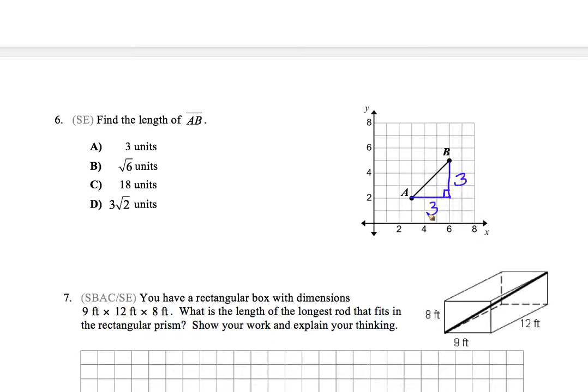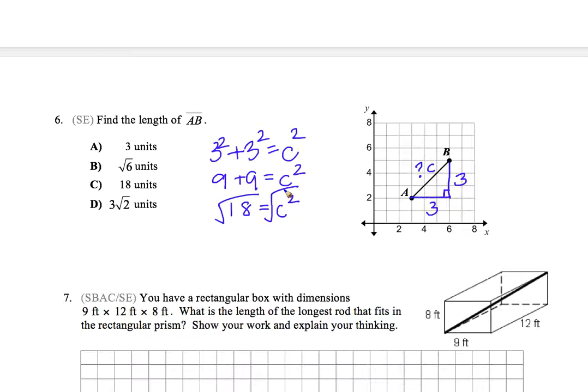My side length here is 3 and my side length here is 3, and I need to know what the distance is, which is going to be C. So 3 squared plus 3 squared equals C squared. 9 plus 9 equals C squared. 18 equals C squared.